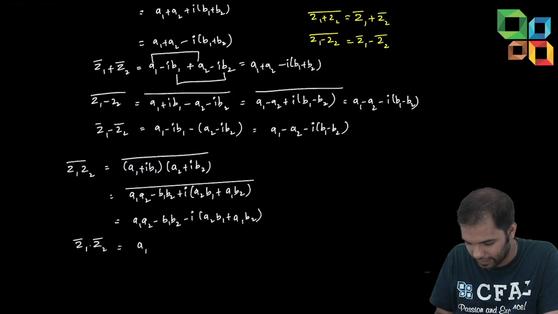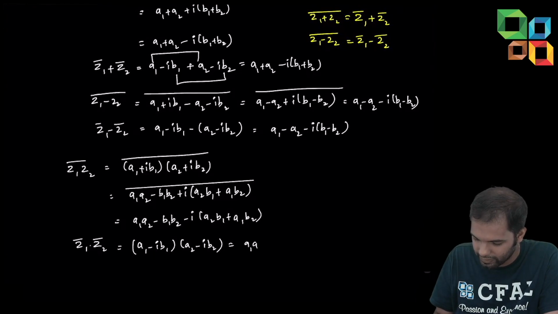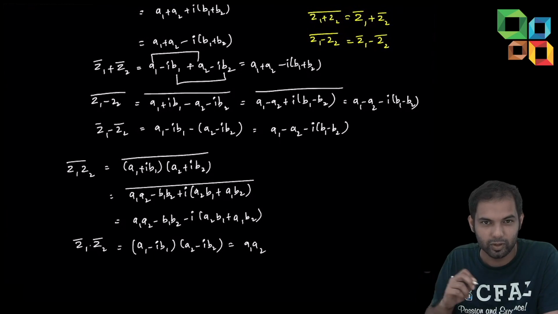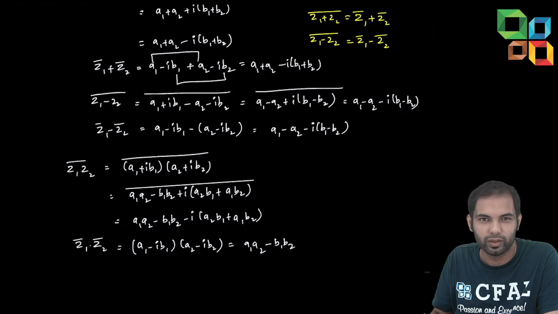Now it's A1 minus iB1 into A2 minus iB2, right? We'll just multiply directly again. A1 A2. Now minus iB1 and minus iB2, those minuses will get cancelled, but i square is anyway there, so I'm still going to get minus B1 into B2.